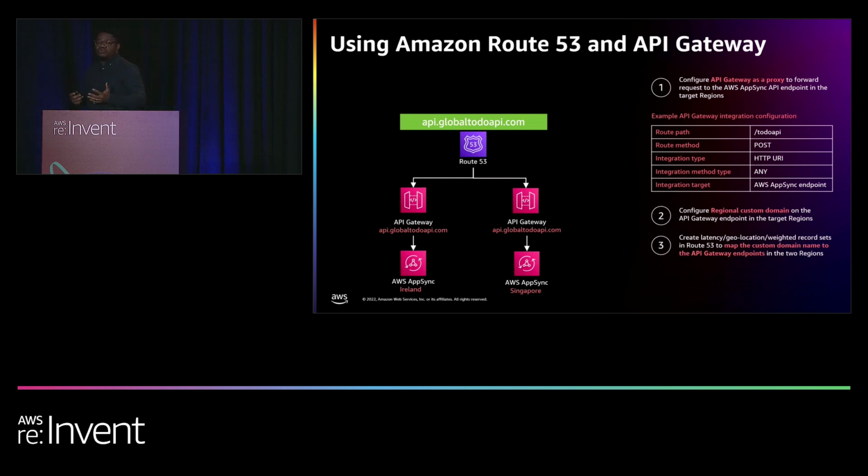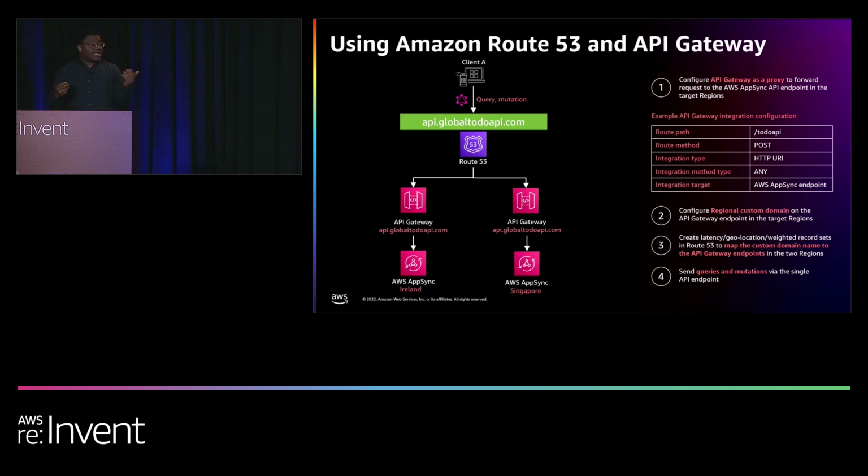And then within Amazon Route 53, whether you are using latency-based routing or geolocation-based routing based on your requirements, you can simply create a routing policy on Amazon Route 53 to route traffic to either the Ireland or the Singapore region. So the custom domain name will be mapped to the API Gateway endpoint in either the Ireland region or the Singapore region based on your routing policy setup. And then clients will be able to run queries and mutations via that custom domain.